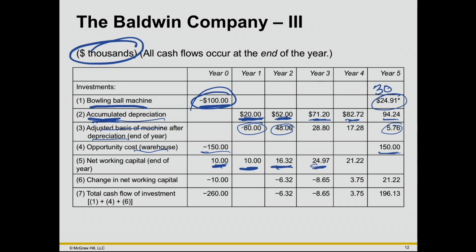Third year, it goes up a bit more. That's when we reach that 12,000 production level, but then production starts to drop back down. And by the end of this, we're down to zero. We've recouped all of our net working capital. By the way, remember that even though we pay out for net working capital, we can get it back as well.